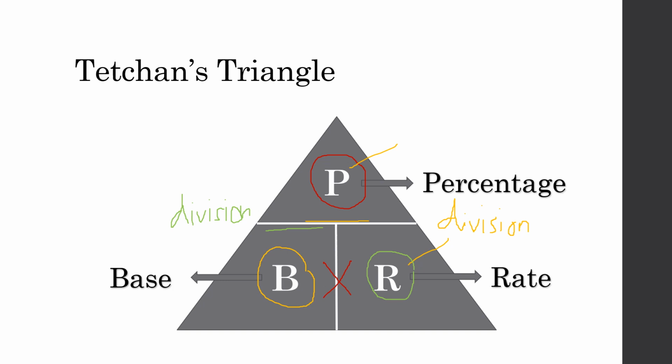Okay, to sum it all, we're going to the next slide. So here's the three formulas we are going to use in finding the percentage, the base, and the rate. So the first one is P is equals to base times rate.